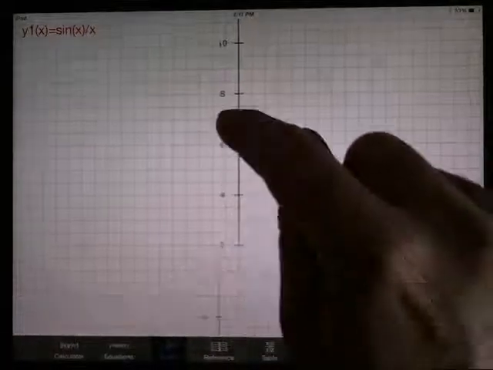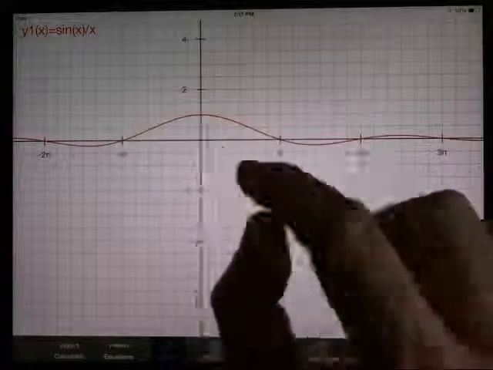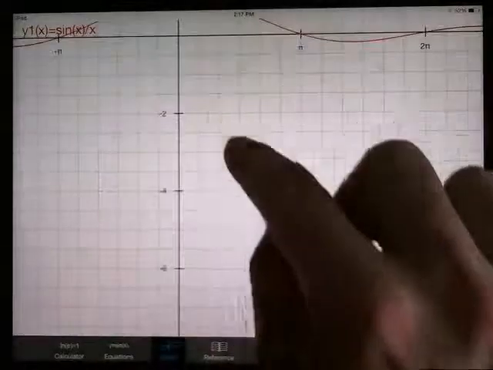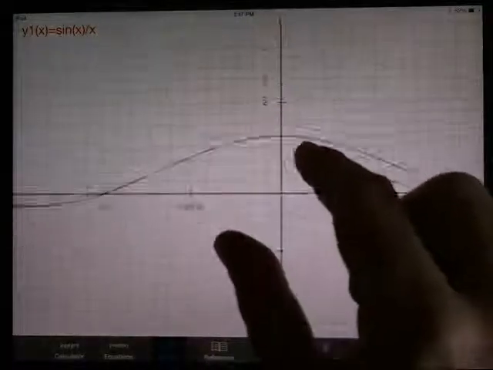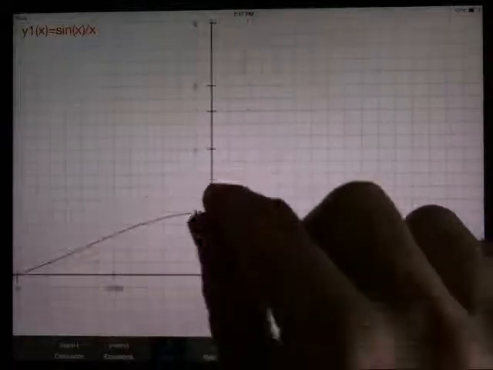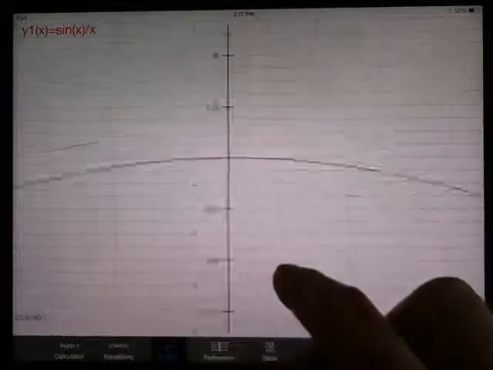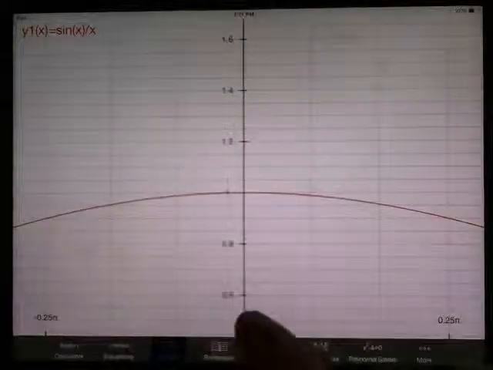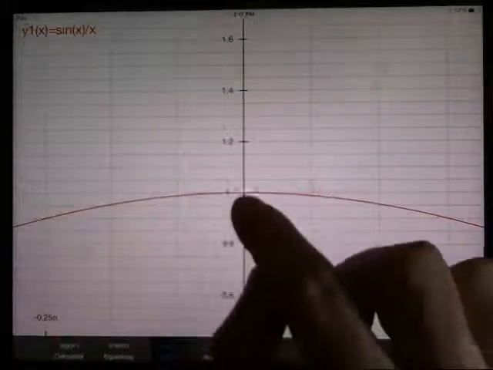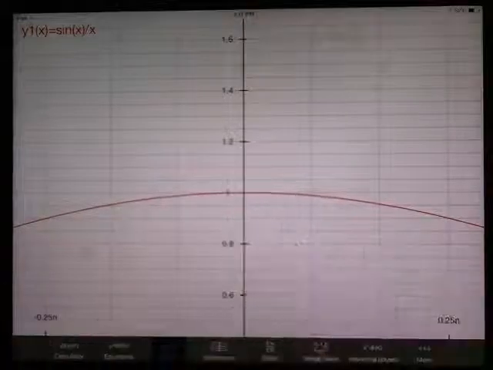And what I have is the graph of this function, and I notice as x is getting close to 0, let me zoom in here, this function seems to be getting close to 1. In fact, I don't even think my calculator app realizes that at x equals 0 there's a problem.